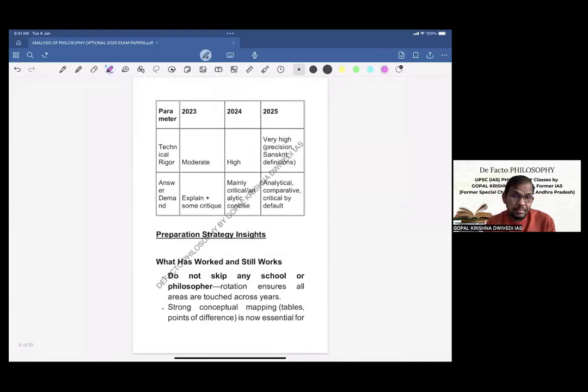On technical rigor, 2023 was moderate, 2024 high, and 2025 again very high, with precision of Sanskrit definitions and all these things. Then answer demand: in 2023, mostly explanation plus some critique. In 2024, mainly critical, analytical, concise, etc. In 2025, analytical, comparative, critical by default.